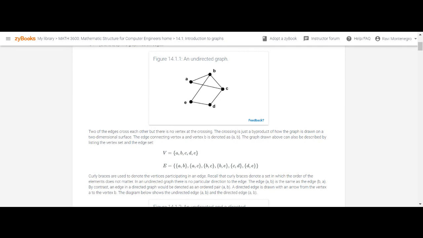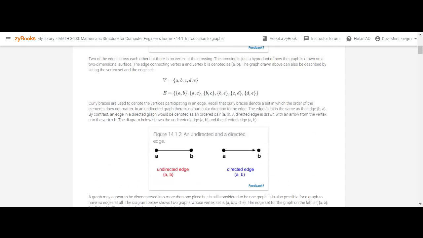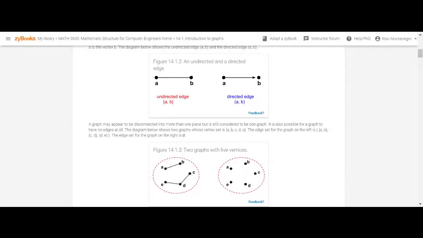In the Cartesian product, you use parentheses. So when we need to do directed edges, we will put parentheses. And you can see that in the fine print down here that's mentioned. When we want to do undirected edges, we use curly brackets because there's no direction. And they're illustrating that in this figure.